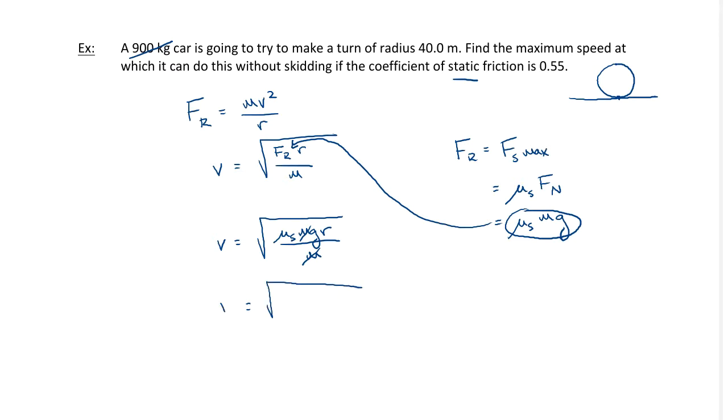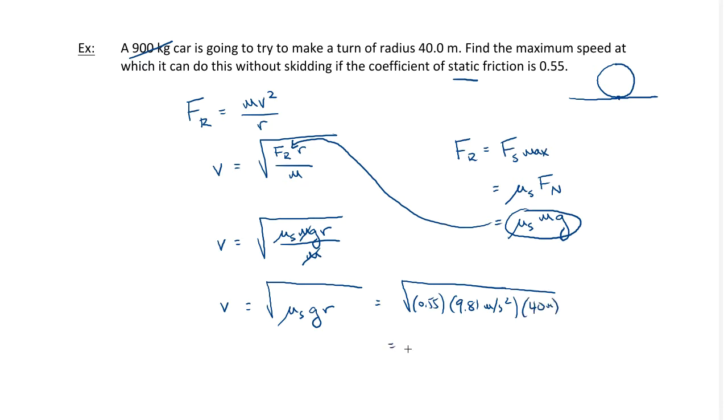So we get that the maximal speed is equal to mu s, our coefficient of static friction, times acceleration due to gravity times the radius of the turn, all square rooted. And plugging in, we get 0.55 multiplied by 9.81 meters per second squared, multiplied by 40 meters, and then square rooted.